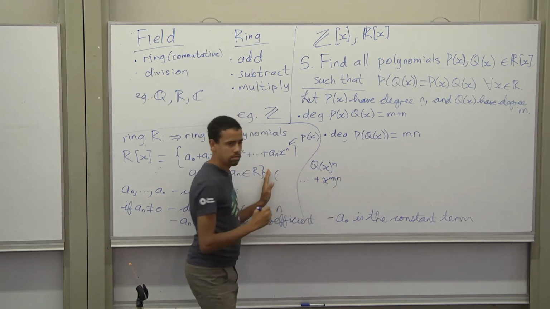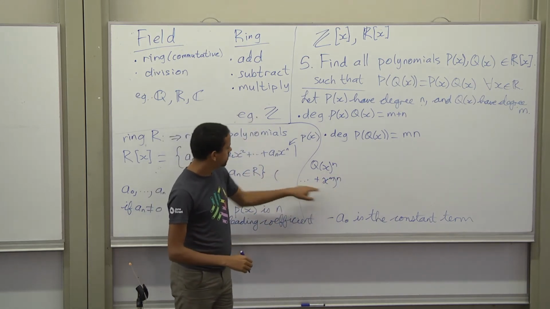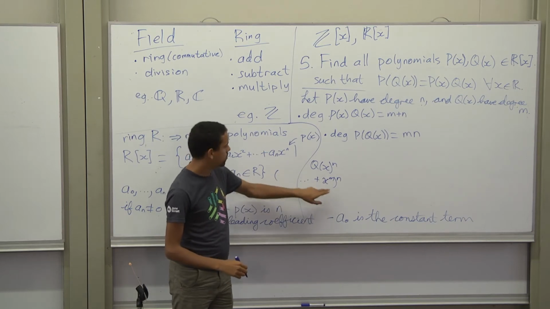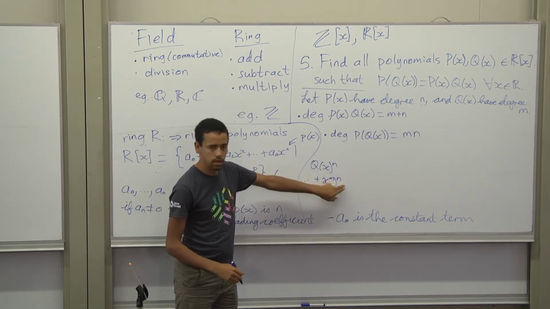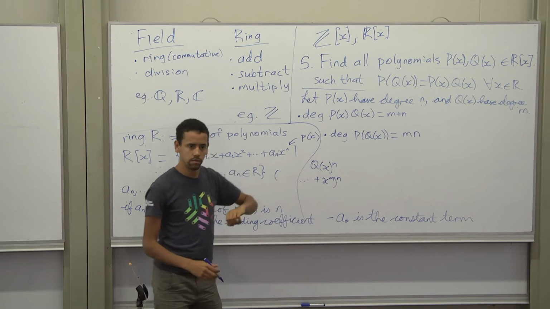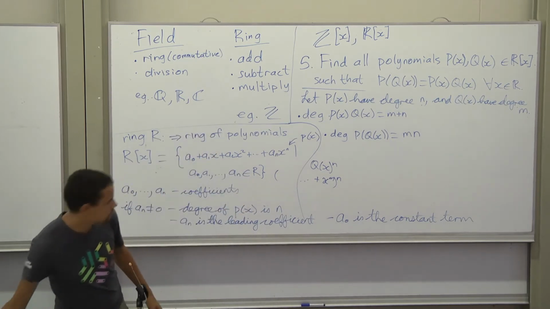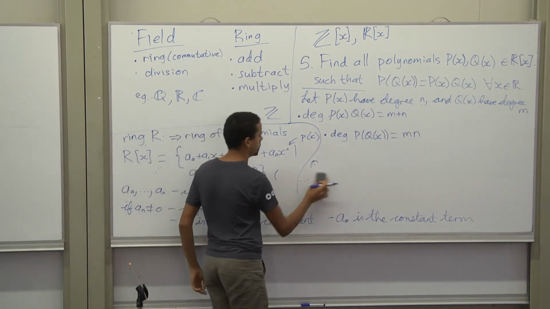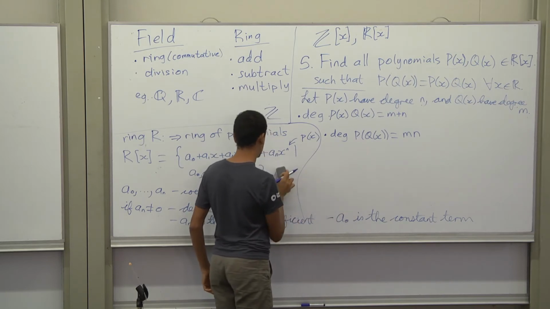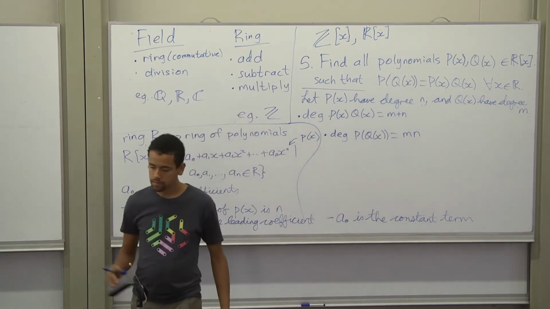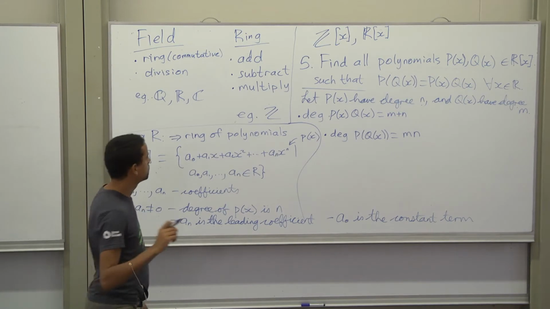That whole thing to the power of n. The biggest term in that big product would be x to the m to the n, which is x to the mn.